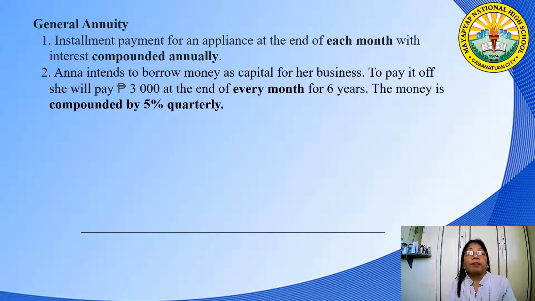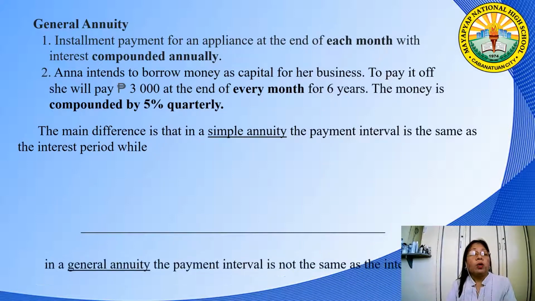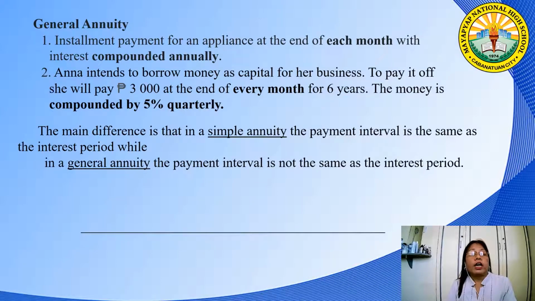The money is compounded by 5% quarterly. So the main difference is that in a simple annuity, the payment interval is the same as the interest period, while in a general annuity, the payment interval is not the same as the interest period.